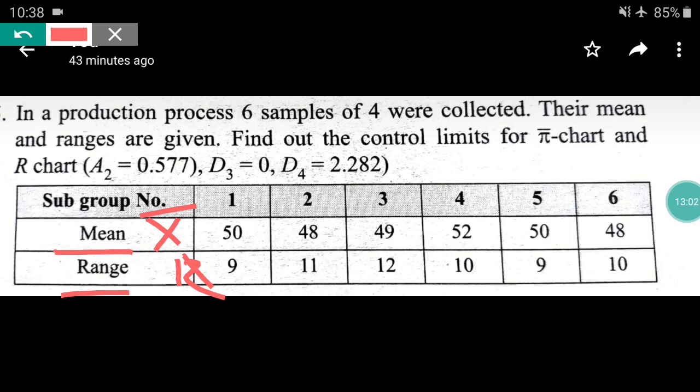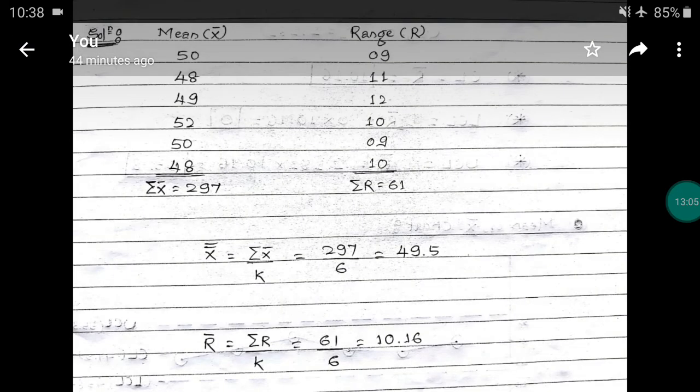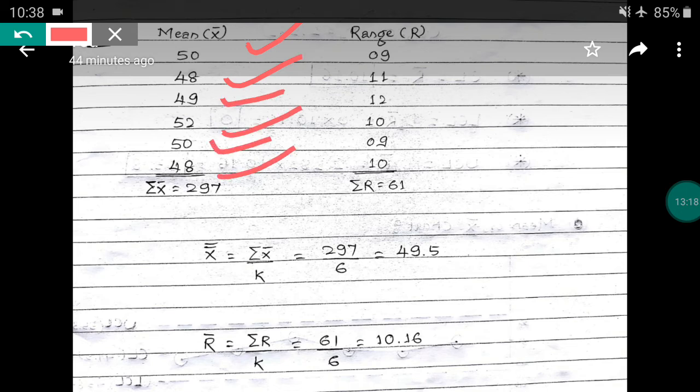Now X bar: 50, 48, 49, 52, 50, 48. Okay, what is the formula? X double bar equals summation X bar divided by K. Now the total summation X bar value is 297, divided by 6, the number of samples. Now you have got X double bar value 49.5.